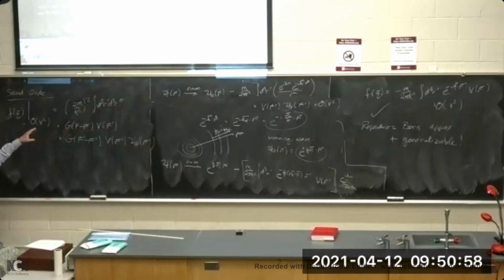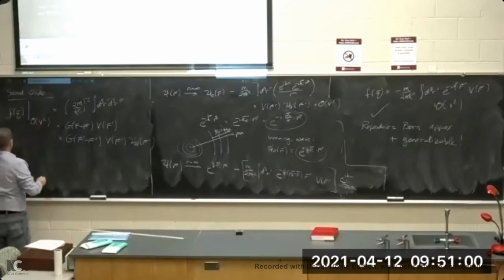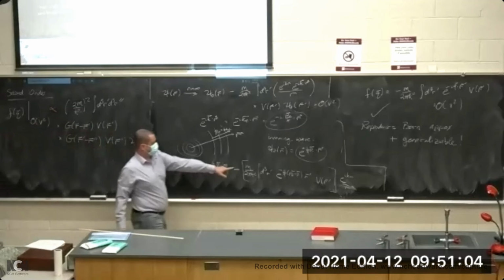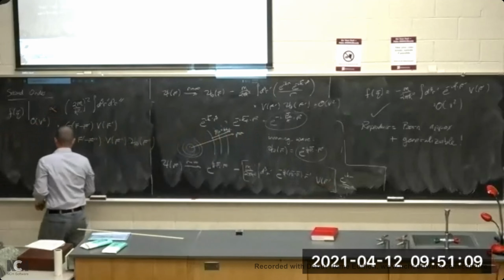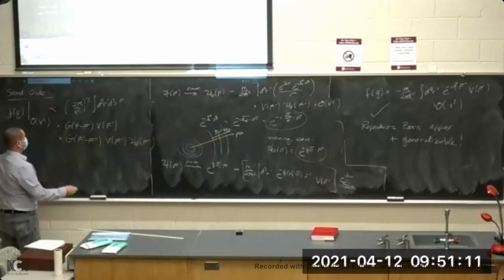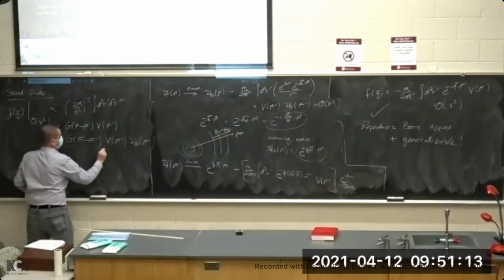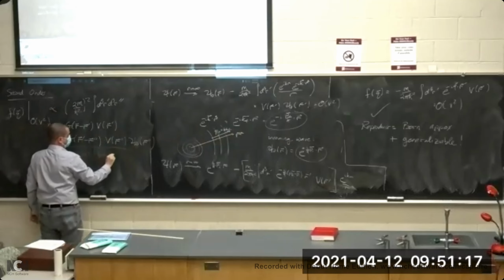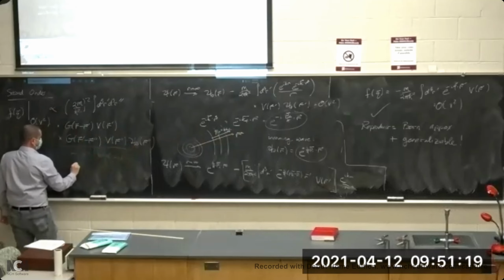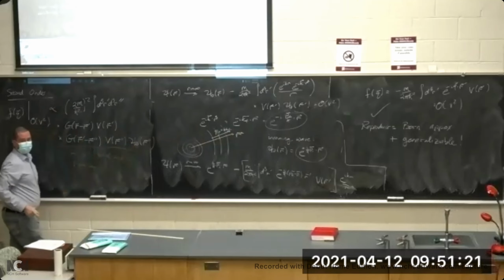So what's going to happen? I shouldn't put equals here yet because I have to pull out the overall spherical wave before I can say that this is equal to the scattering amplitude. Where's that going to come from? Exactly the same place as before. I'm going to take this expression. R prime and R double prime are localized, trapped somewhere near the origin. But R is going to infinity compared with the asymptotic.